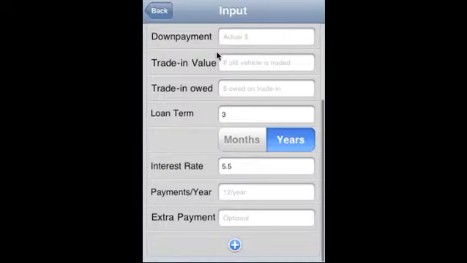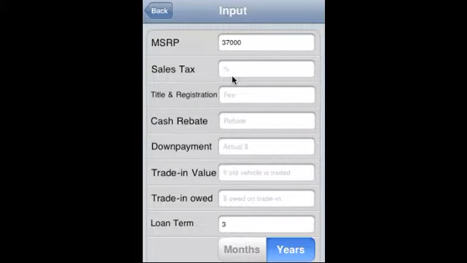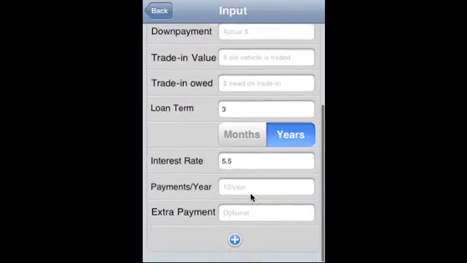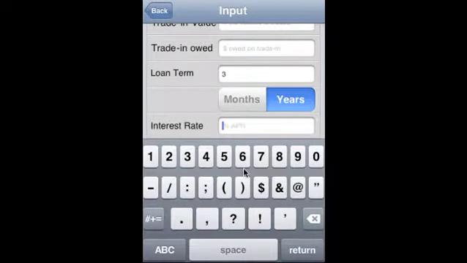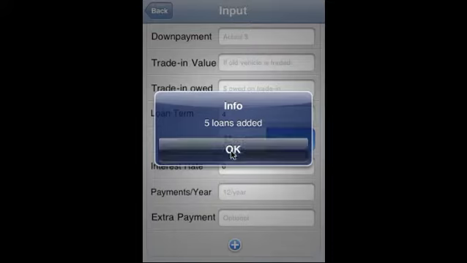Now let's compare. We'll compare two loans, and here we are supplying the interest, the principal, and a loan term, and then we calculate. Say this is 6% and 4 months, and previously I had added some data, so we'll see that.